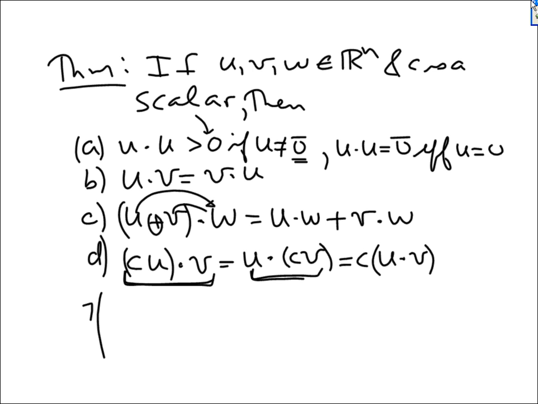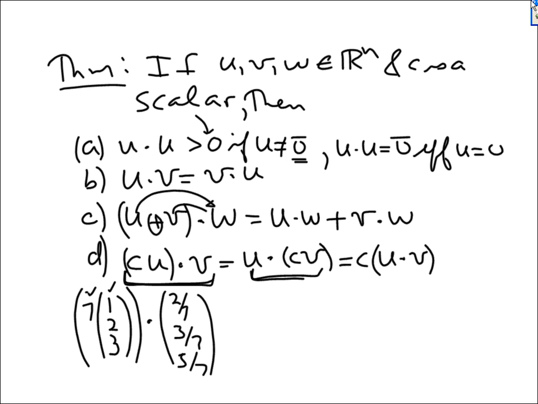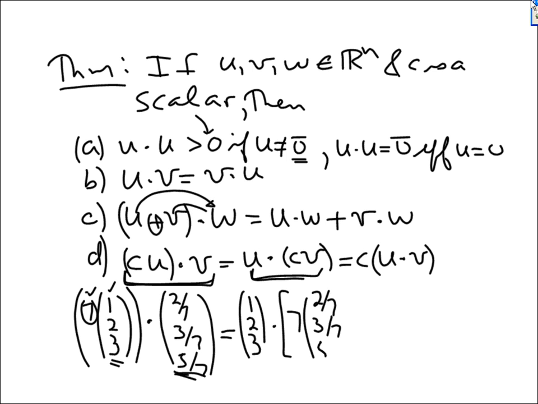If you have 7 times 1, 2, 3, C times U, and you want to dot that with V, which is 2 over 7, 3 over 7, and 5 over 7, it would be much easier to take the vector 1, 2, 3 and dot that with 7 times this vector, because 7 times that vector makes that new vector nice and clean.